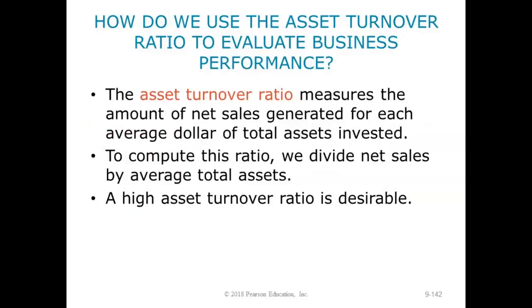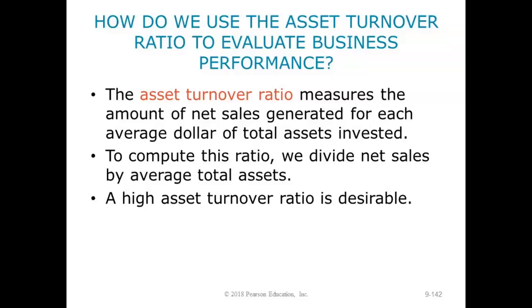With this ratio, we're always going to take net sales and divide that by average total assets, with average total assets being beginning total assets plus ending total assets divided by 2. This is a measure of how efficient we are at running our company.